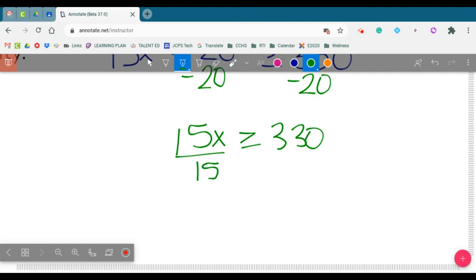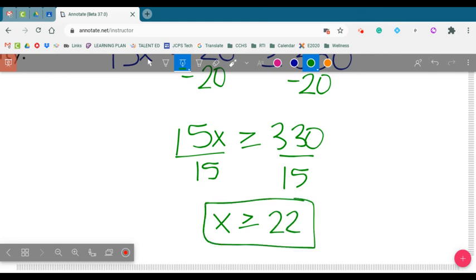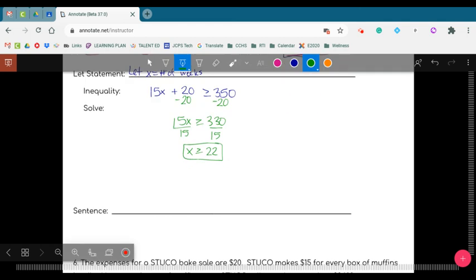Then divide both sides by 15. You get x is greater than or equal to 330 divided by 15, which is going to give you 22. So this is our answer. We don't have to graph it or anything, but we do have to write our sentence. Now, your sentence has to be a little bit more particular since this is an inequality.